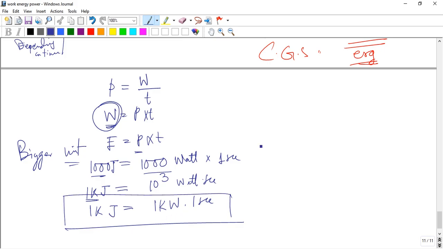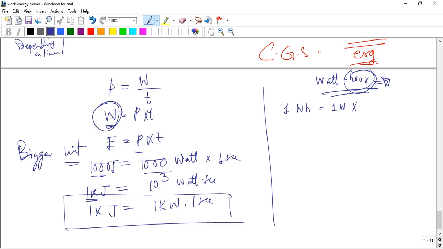Now what is watt hour? Now the concept is watt hour. 1 watt hour means 1 watt times 1 hour. Convert hour to seconds, that is 3600 seconds. So it means watt second, and watt second represents joules.